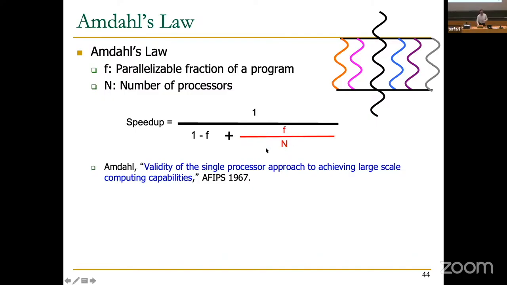As n goes to infinity, this goes to 0. So your speedup at the limit as n goes to infinity is really bound by f, which is the parallelizable fraction. If your parallelizable fraction is 50%, your speedup is at most 2. That doesn't sound good now, right? With an infinite number of processing elements, your speedup is only 2 if your parallelizable fraction is 50%.